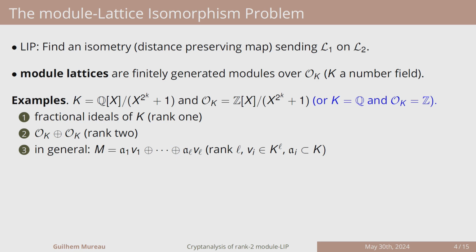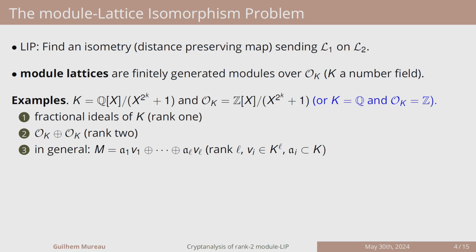More generally, a module lattice looks like this: copies of fractional ideals a_i times vectors in some power of K. This is called a pseudo-basis. To keep it simple, I will not manipulate pseudo-bases.